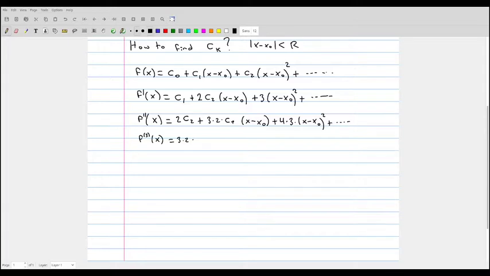This is C3 and this will be C4. And we need also a C3 up here in this expression as well.